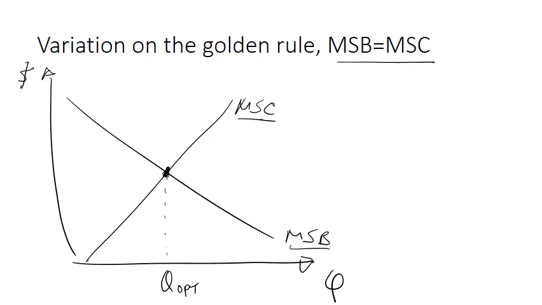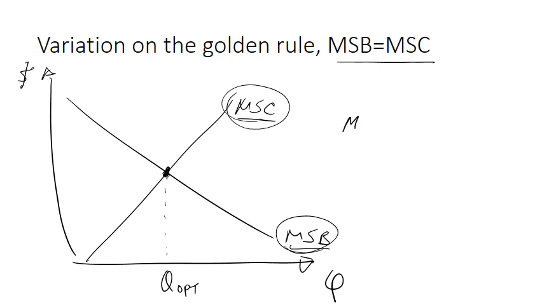The last unit that we created generated a social benefit on the margin that was equal to the marginal social cost of creating it. In other words, we've made sure that we're not only paying attention to just private costs and benefits on the margin, but we're also accounting for all of the social spillovers that might be happening.